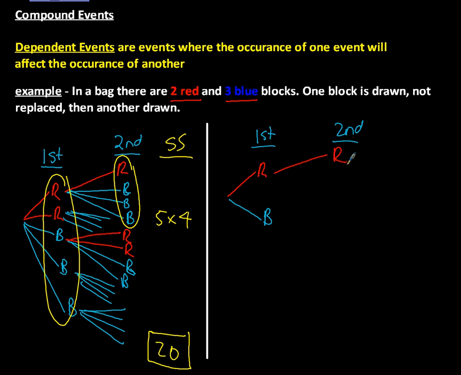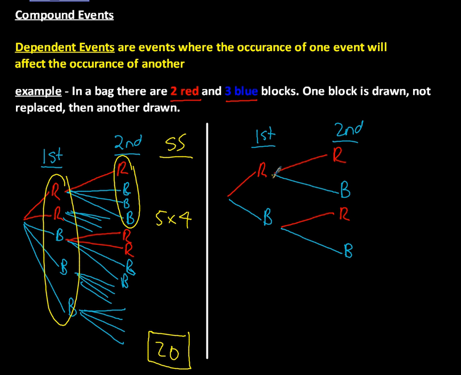So I'll have a branch for the red outcomes, branch for the blue. Now, if I drew a blue out first, when I draw it out for the second, I still have reds and blues. So I can do over here, branch for my reds, branch for my blues.